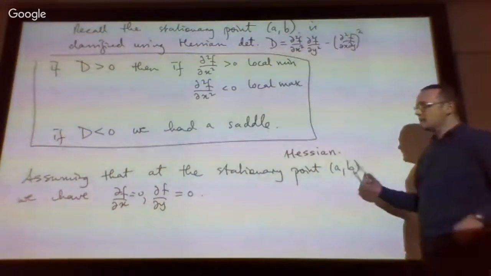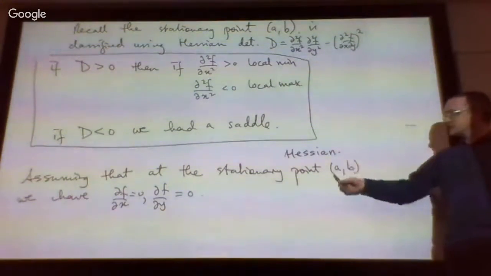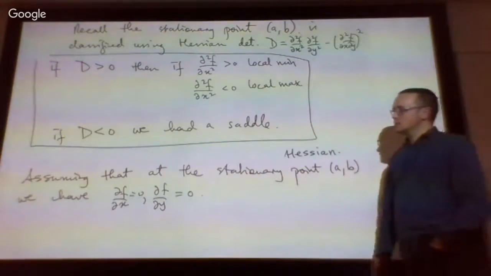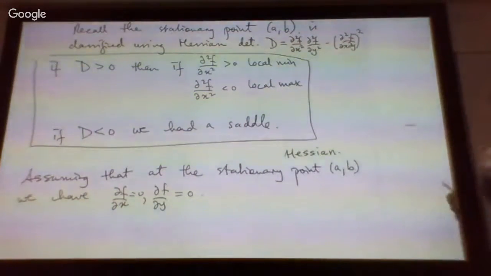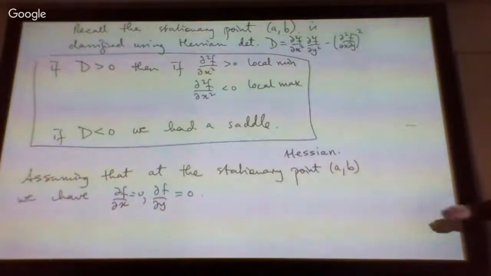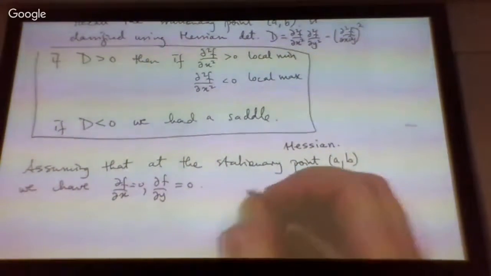Okay? If you evaluate the function f at points nearby this base point, because the two first order derivatives have vanished, the first non-constant contribution to the Taylor series comes from the second order partial derivatives. Okay?